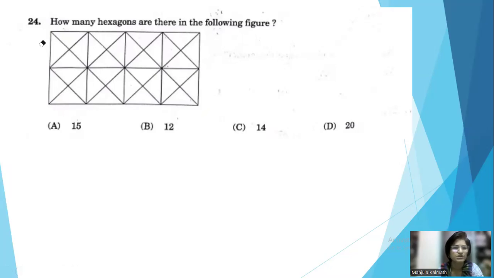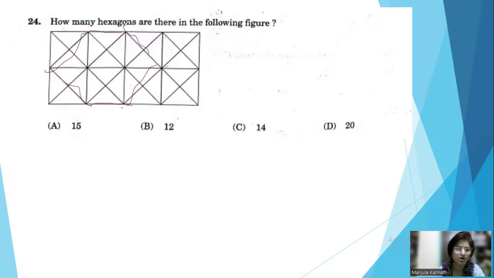So for example, in this, I may go for, okay, this I'll take. One of the hexagons you can notice: this is hexagon 1, 2, 3, 4, and then 5 and 6. 6 sides are there, then it is a hexagon.